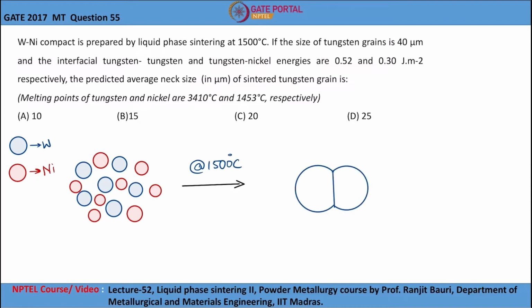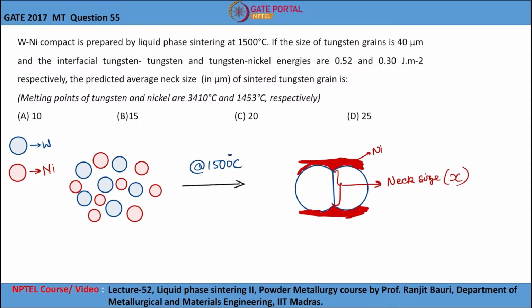And as shown in this figure, the tungsten particles will be fused together on one side and will form a neck. And this is the neck size. And as I have already told, nickel will get molten and will be surrounding the sintered tungsten particles. And let us assume this neck size as x, which we need to find in this question.